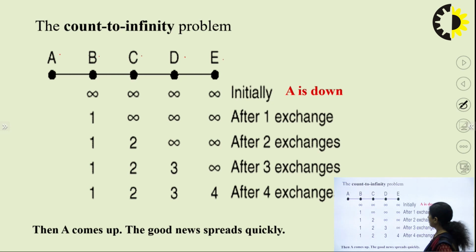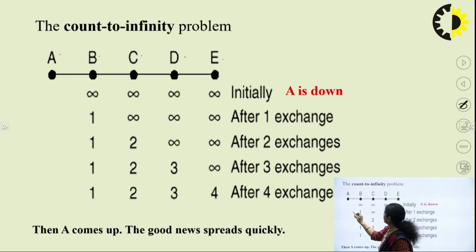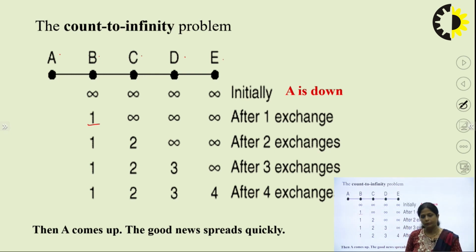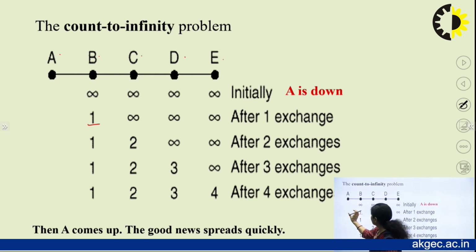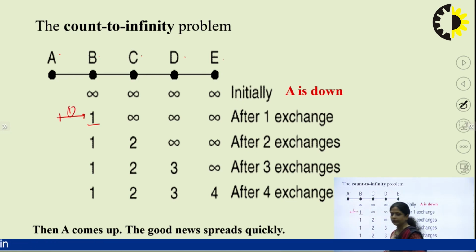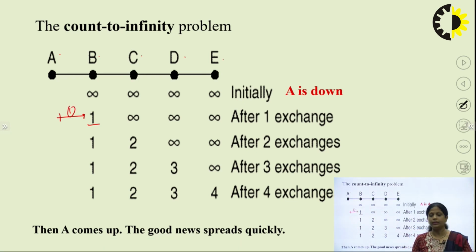Now we say A is up and this table has been updated. That means from A to B we have a transmission link and the distance is 1. It takes 1 to reach B. B tells, fine, I do have a link to A and the distance is 1.